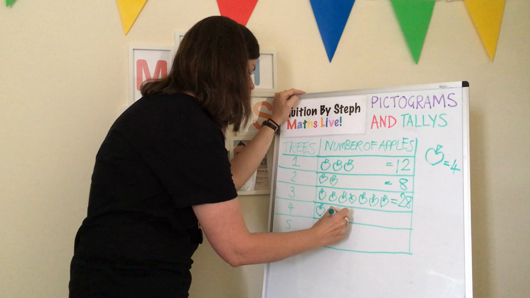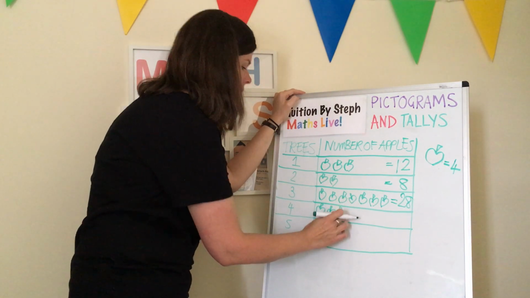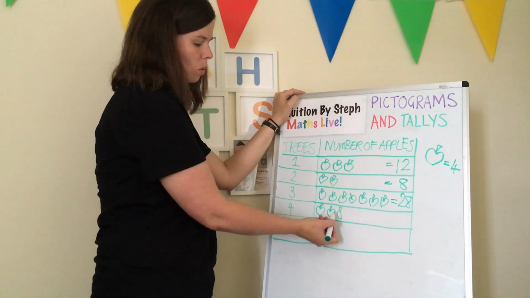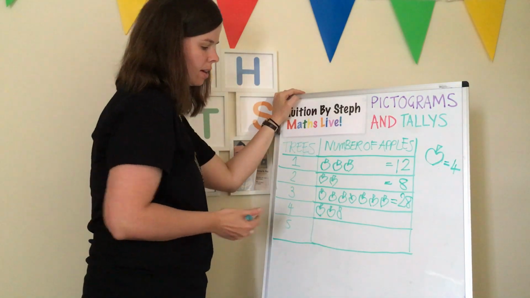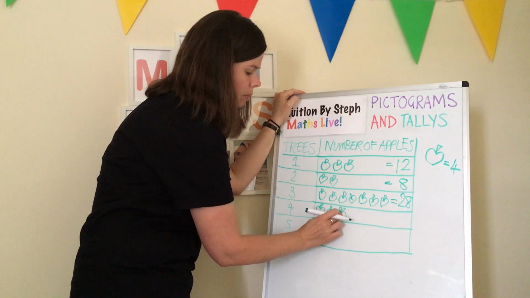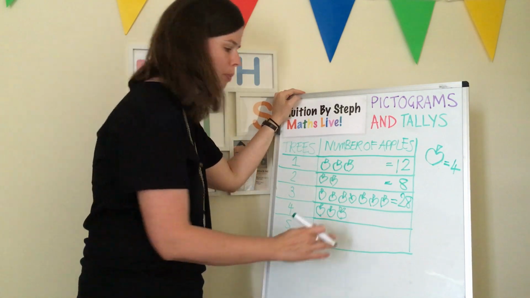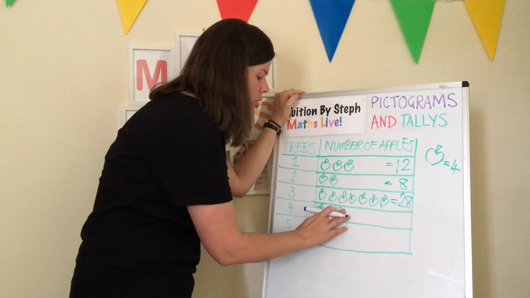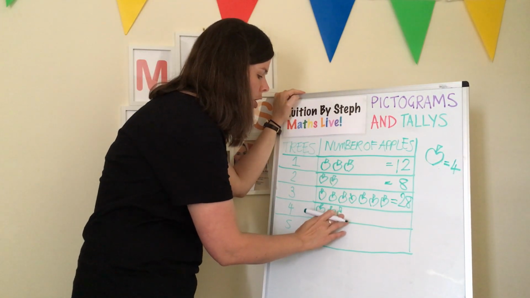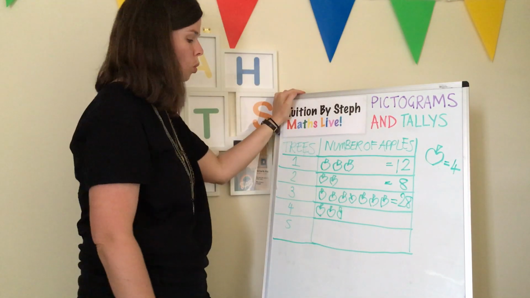Now watch this. What have I done here? Now, you might think, well, Steph, you didn't finish the apple. If you're drawing an apple, you need to draw a whole apple. Not with pictograms, you don't. You can cut the object into halves, sometimes into quarters.